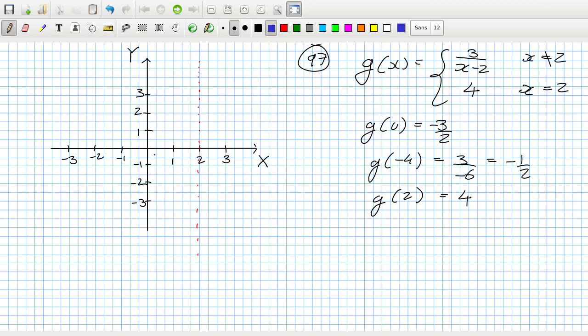So when x is 0, we got, not 4, sorry, minus 3 over 2. So that's like there. And then when we were at minus 4, we got minus a half.